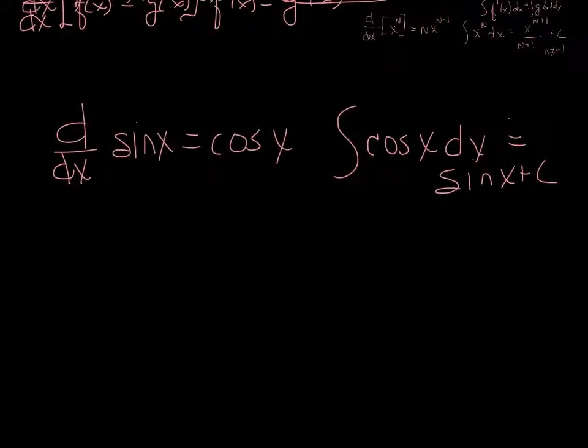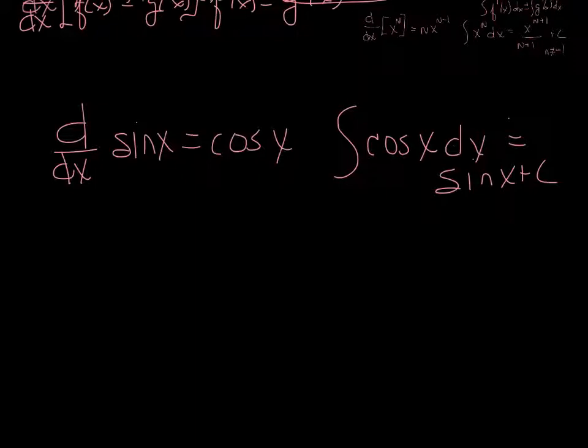So can we just safely assume that we need to add c every time? Yes. In fact, it's incorrect if you don't have a c, unless you're given an initial condition and then you'll solve for c. I haven't given you one yet, so we'll get to that. Like at x equals 0, it tells you what y is when x is 0.